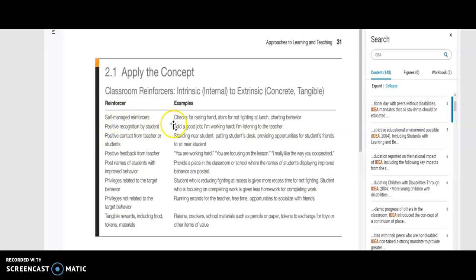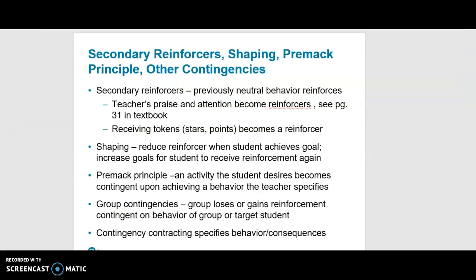Something like self-managed reinforcers: you give yourself a check for raising your hand, stars for not fighting at lunch, charting behavior, stuff like that, to the more concrete, tangible items such as rewards, food, tickets, materials, raisins, crackers, pencils, paper, ticket tokens to exchange for toys or other items of value. I think these apply the concepts sections in the textbook are really helpful, and hopefully you will take a few minutes to look at those.